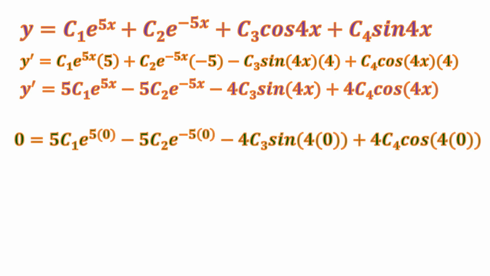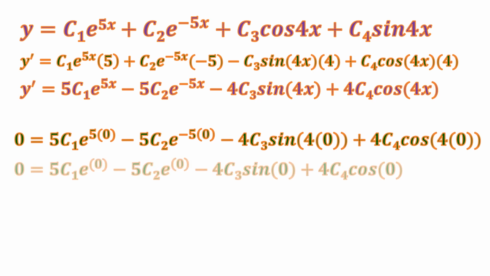Then we'll substitute. It was given that if x is 0, then the y prime is 0. So we'll substitute, and 5 times 0 is 0, negative 5 times 0 is 0, and the angles, so every number multiplied by 0 becomes 0.